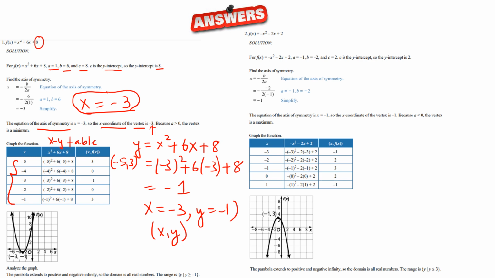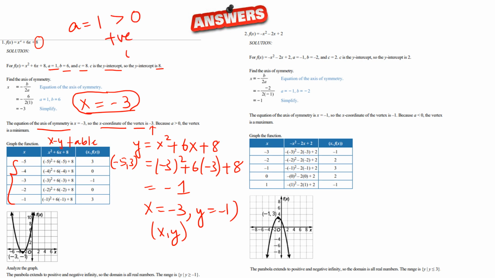So you take minus 5, minus 4, minus 3, minus 2, minus 1. But I would recommend here that instead of taking so many points, even if you take 3 points, that's enough. So 1 will be the vertex, 2 more points you take, and then you can freehand join the parabola to get the graph. Now another thing here, your a was 1, which is positive.